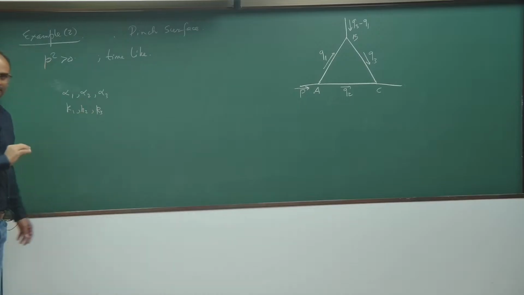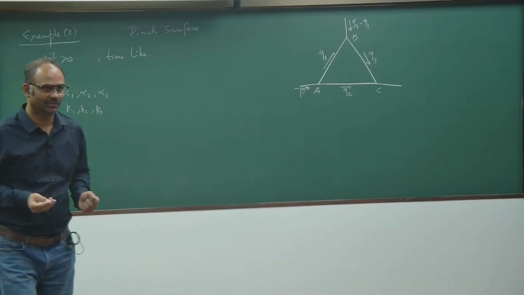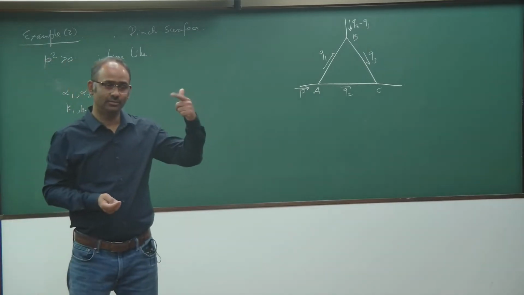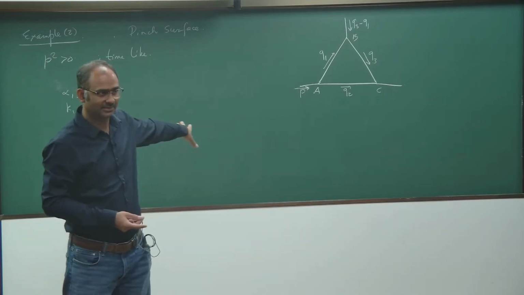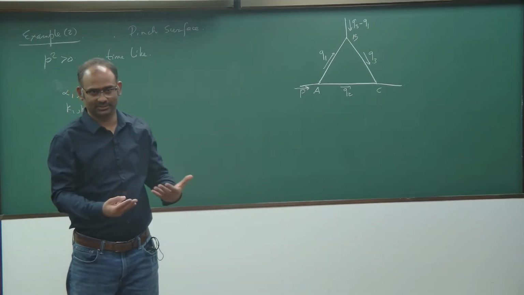But it's clear that this is going to happen, which means depending on what external momenta you have chosen, these values will change, right? But the picture will hold, that is clear.